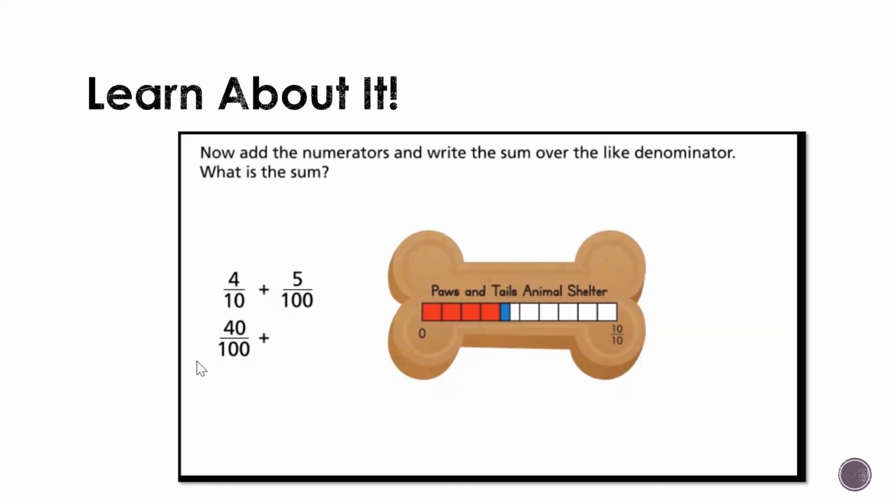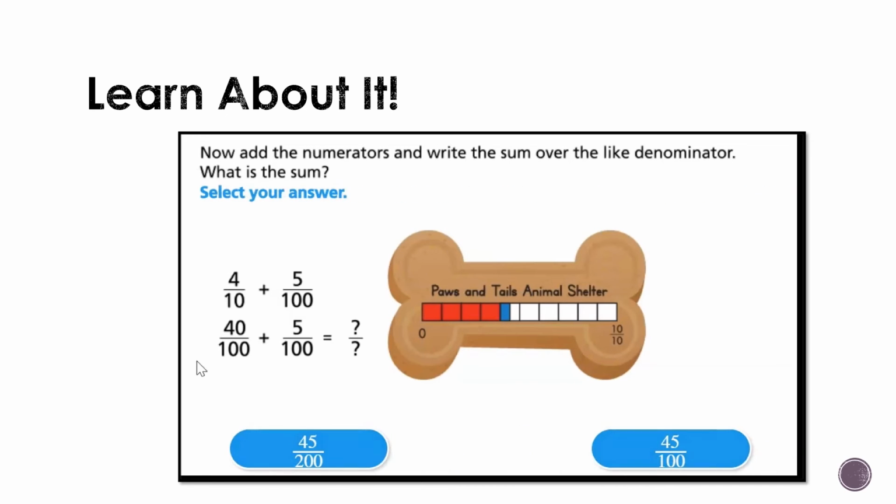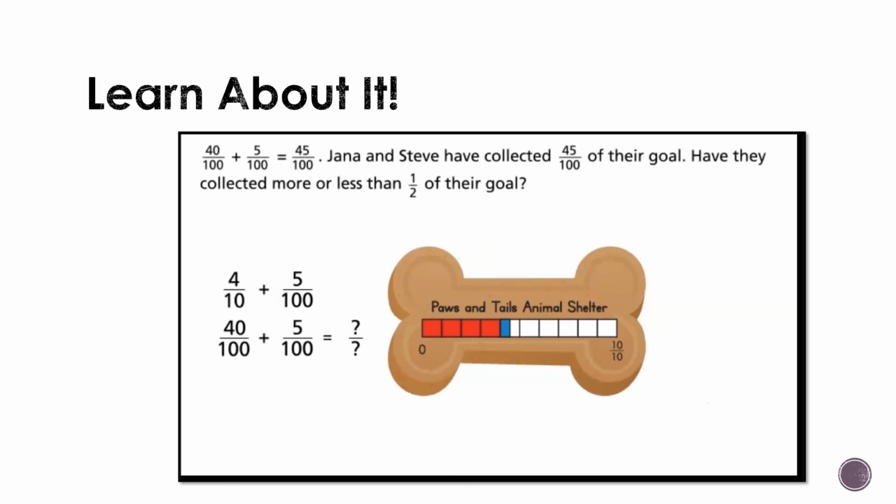Now add the numerators and write the sum over the like denominator. What is the sum? Select your answer. 40/100ths plus 5/100ths equals 45/100ths. Jana and Steve have collected 45/100ths of their goal.